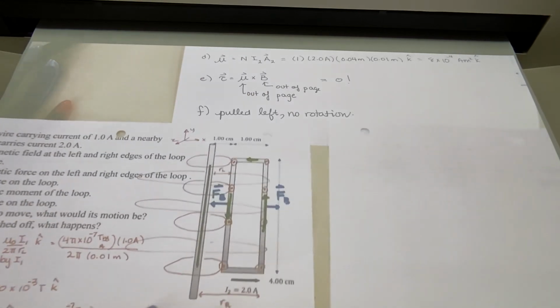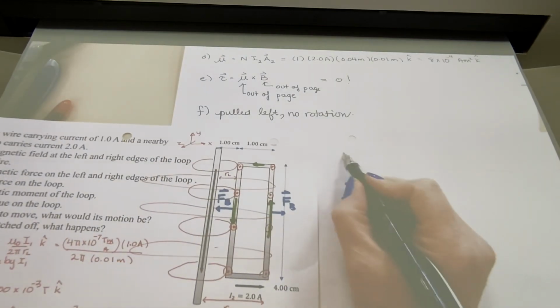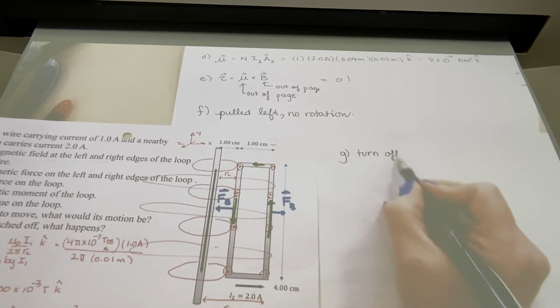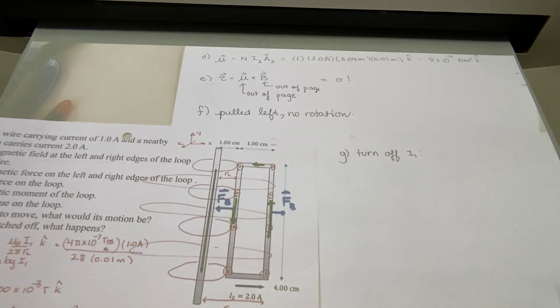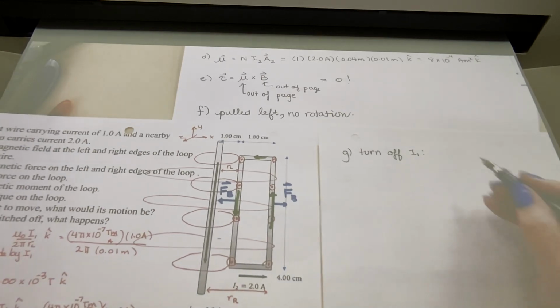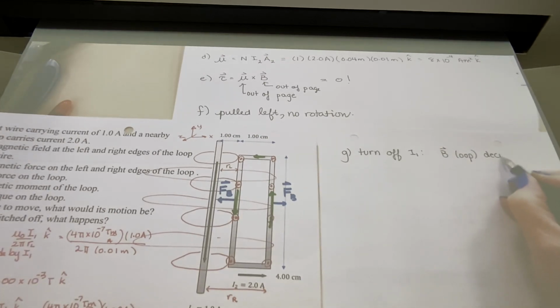This is going to be our Faraday's law of induction. So part G, turn off I1. We're starting with a magnetic field out of the page. If we turn off the current, we turn off the field. So our magnetic field out of the page decreases, and in fact, it will decrease to 0.